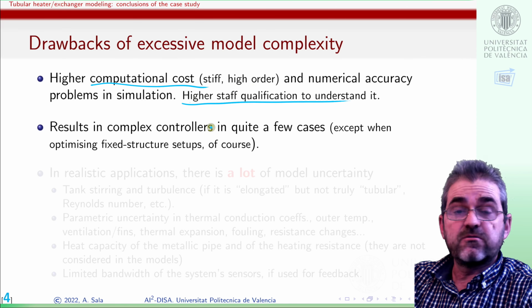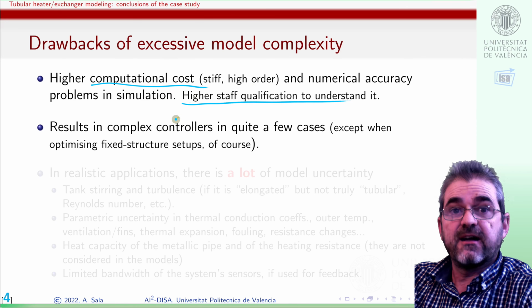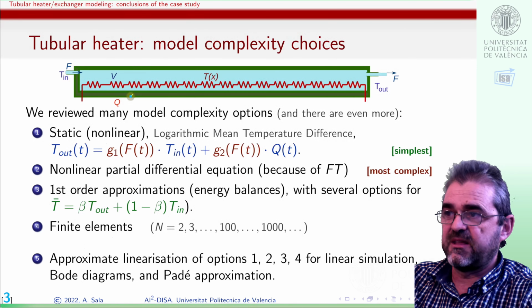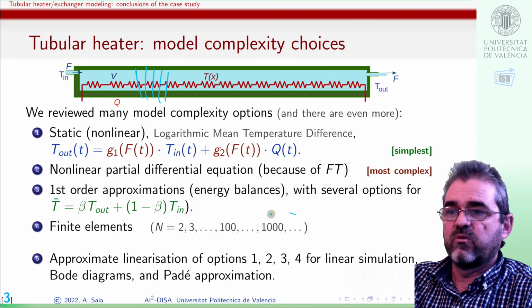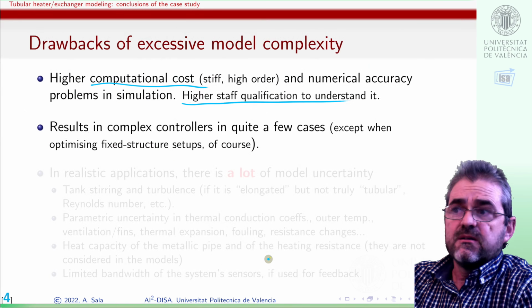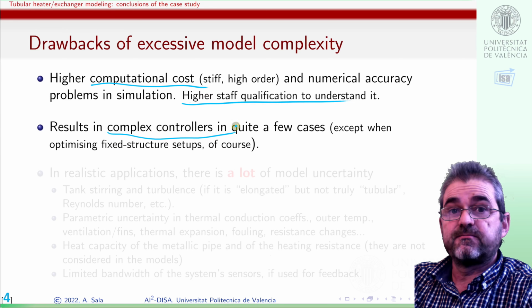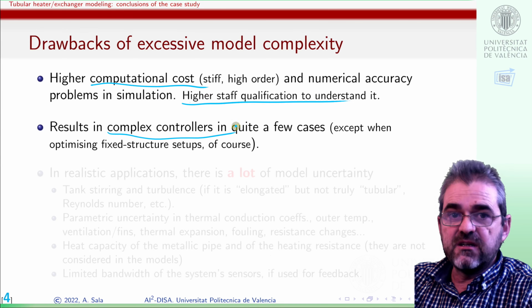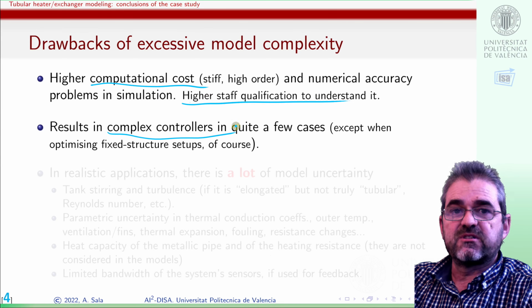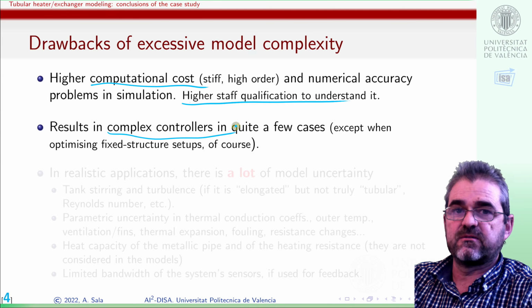Also, the resulting controllers with these high-order models, PDEs or order 1000, okay, many control design techniques result in high-order controllers. It's sort of unbelievable that we propose an order 1000 controller.